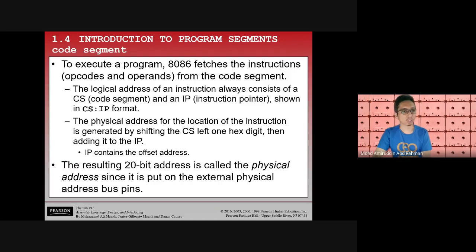The resulting 20-bit address is called the physical address since it is put on the external physical address bus pins. So this is how the fetching is done in the 8086 processor.